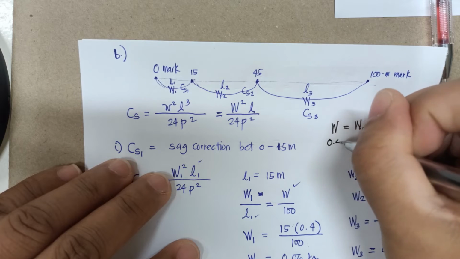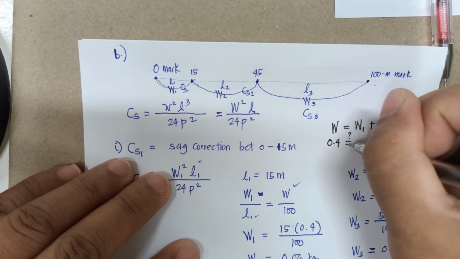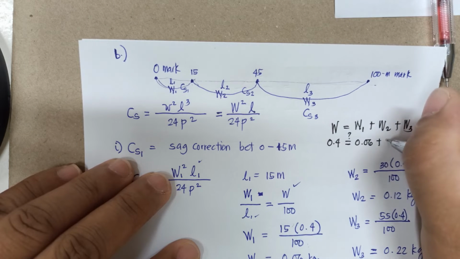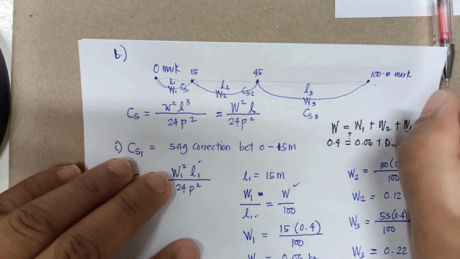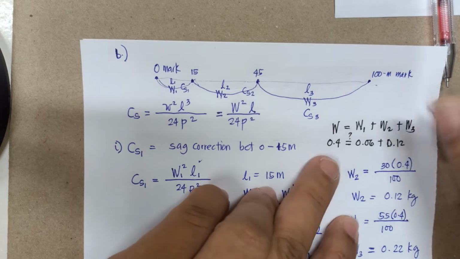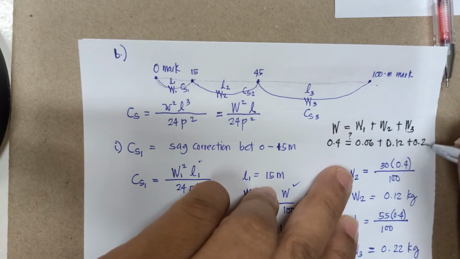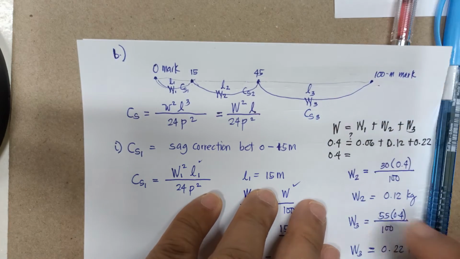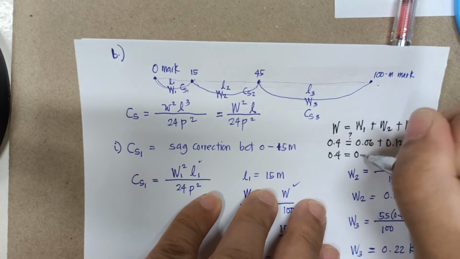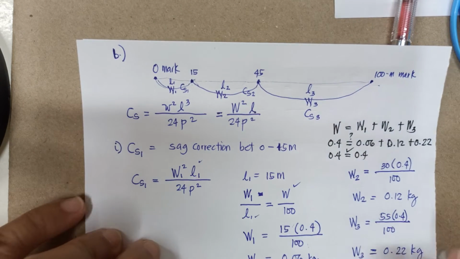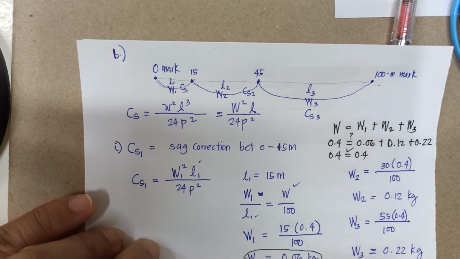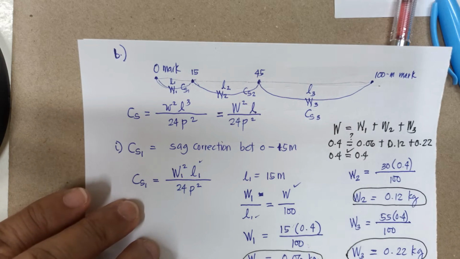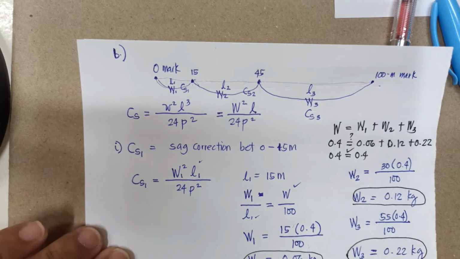Is it equal to 0.06 plus 0.12 plus 0.22? Okay, so we have 0.4, 0.4. Meaning to say the weight per support is properly computed.